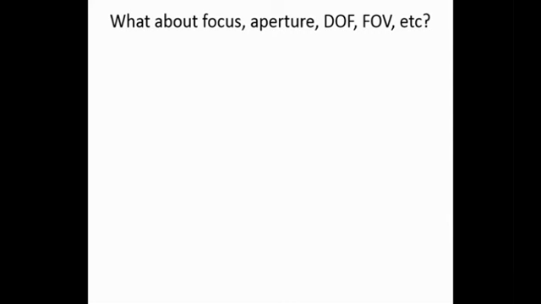So focus, for example, affects how blurry the image is when parts of the scene are out of focus. The aperture affects how much light comes through and also affects how blurry things are. The depth of field affects how blurry things are as you get out of focus. And the field of view is measuring how much of the scene you're viewing at some time. So let's get into that.